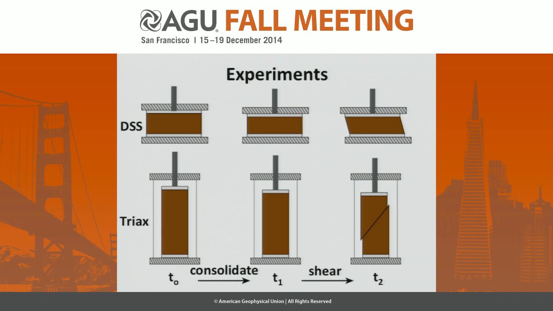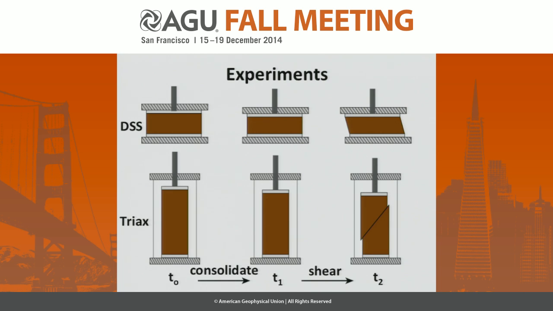So we drive the sediment into failure by creating a lateral shear here. And in this DSS experiments, we have distributed shear throughout the entire sample, and we look at the strength of those materials under those conditions and the pore pressure response. We also run a series of triaxial experiments under the same general boundary conditions, same stress paths, but with different boundary conditions.